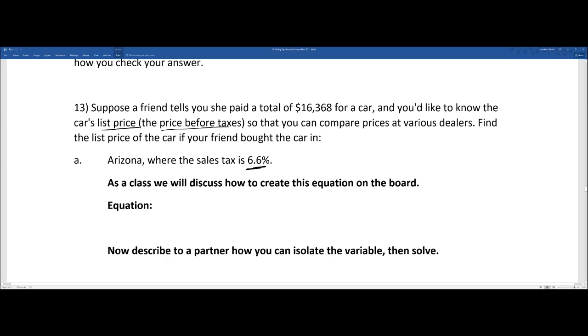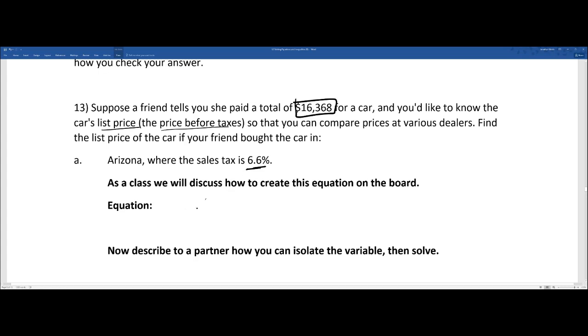Okay, so how do we create this equation on the board? So your friend paid this much for their car. I'm taking it that they bought this car in Arizona. Now, if they bought this car in Arizona, that means they paid a sales tax of 6.6%.